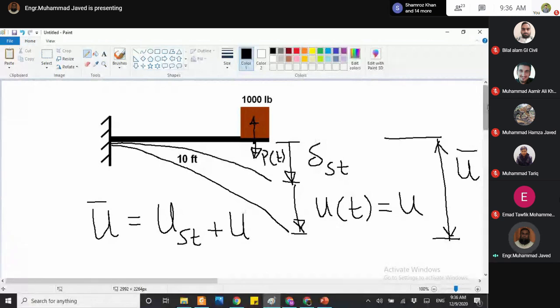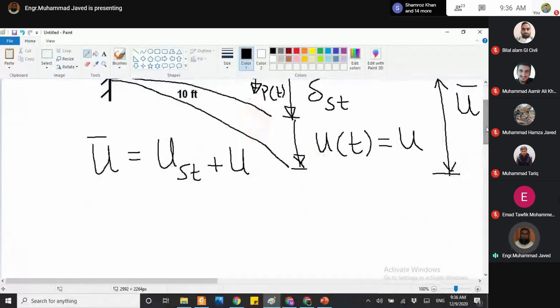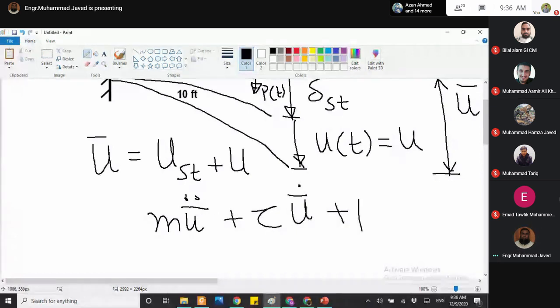Now the equation of motion for this system is m u bar double dot plus C u bar dot plus K u bar is equal to P of t.